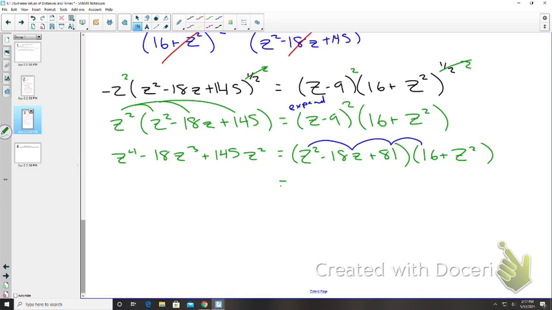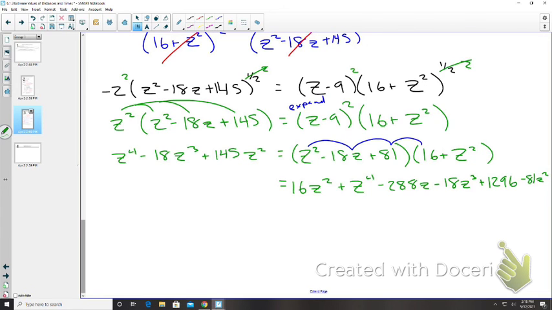We will be left with 16z squared plus z to the 4 minus 288z minus 18z cubed plus 1296 minus 81z squared.